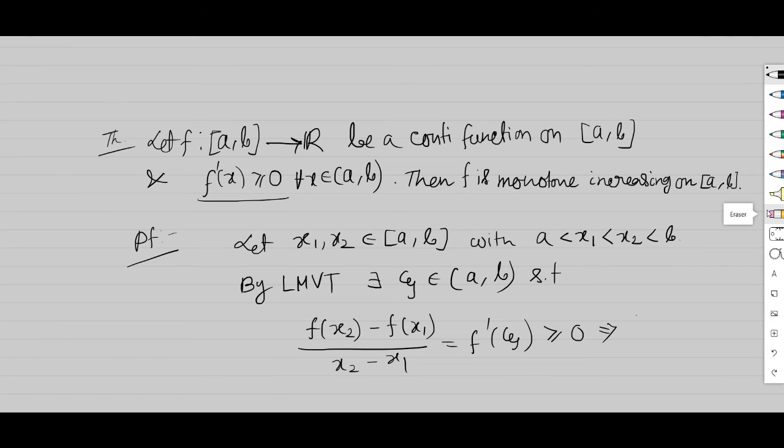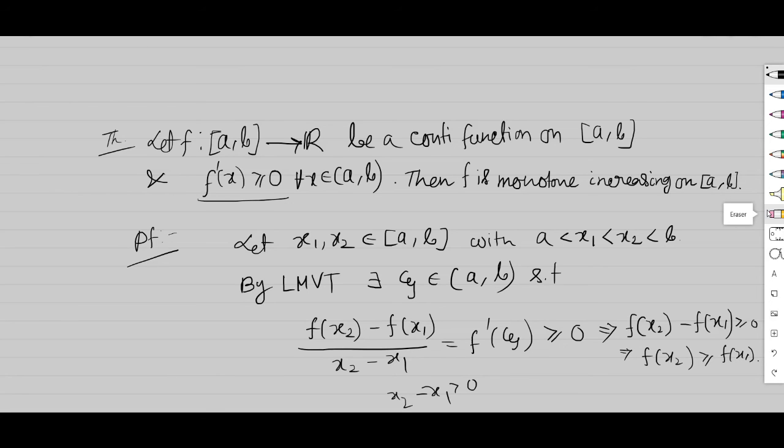That means for f of x2 minus f of x1, because x2 is always greater than x1, the denominator x2 minus x1 is positive, so the sign of this fraction depends entirely on the numerator. This gives us f(x2) minus f(x1) greater or equal to 0, which means f(x2) is greater or equal to f(x1).